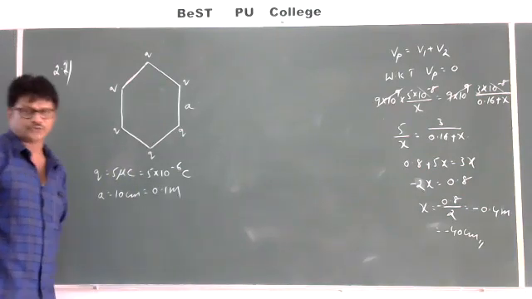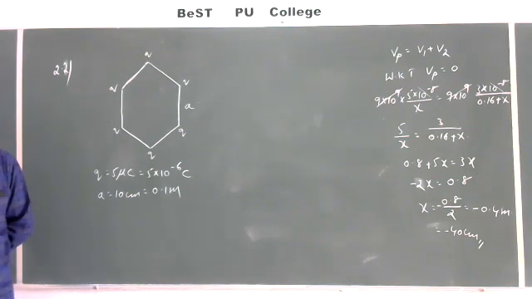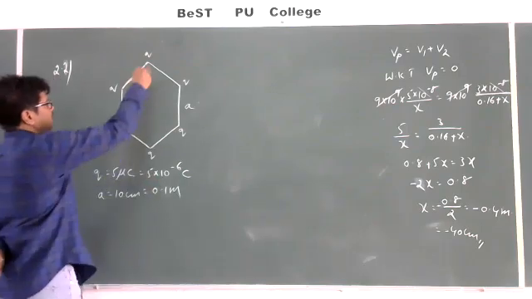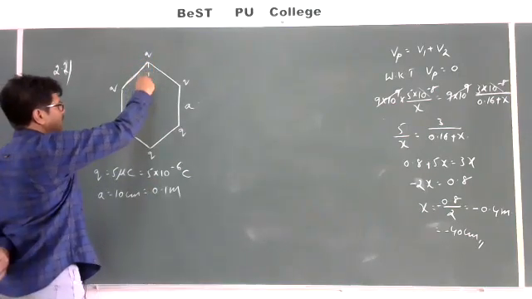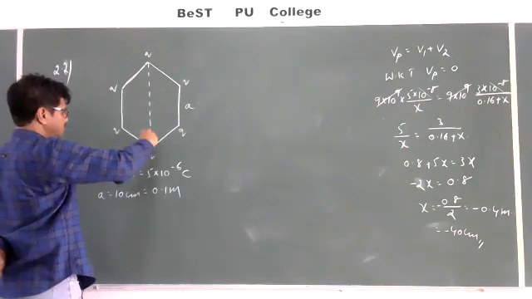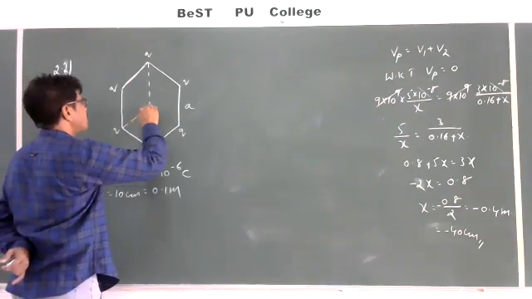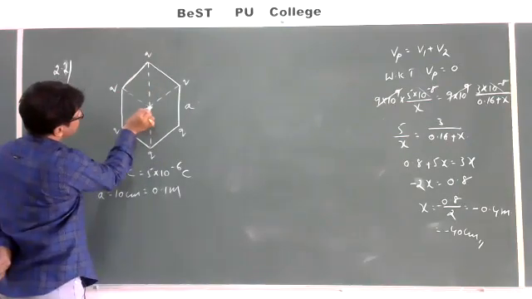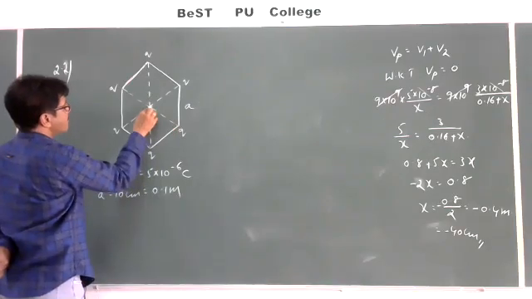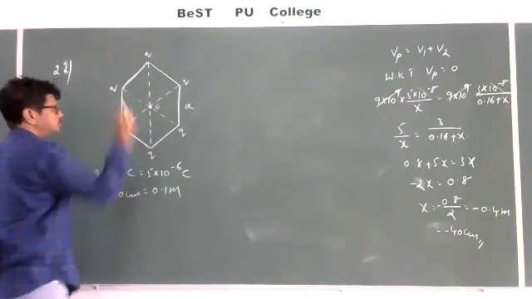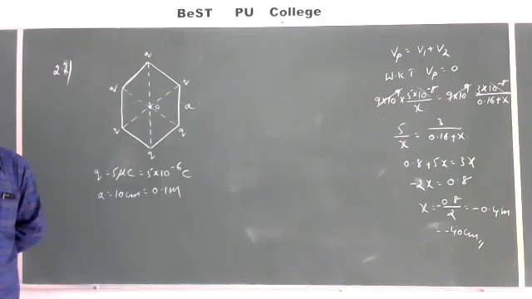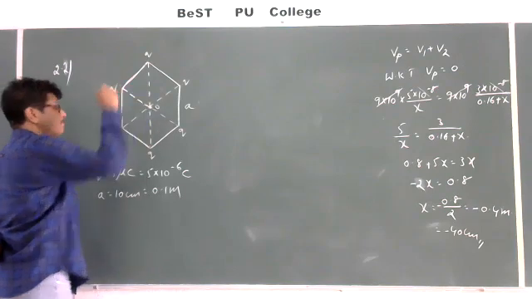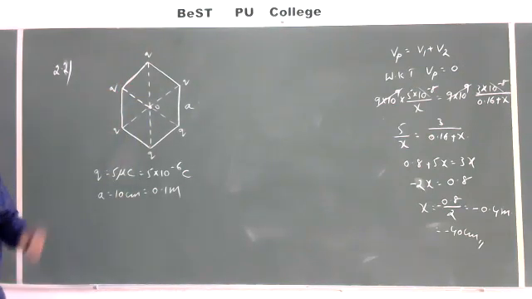Now he is asking us to find what will be the total electric potential at the center of a hexagon. So this we call it as the center. This is the center of a hexagon.